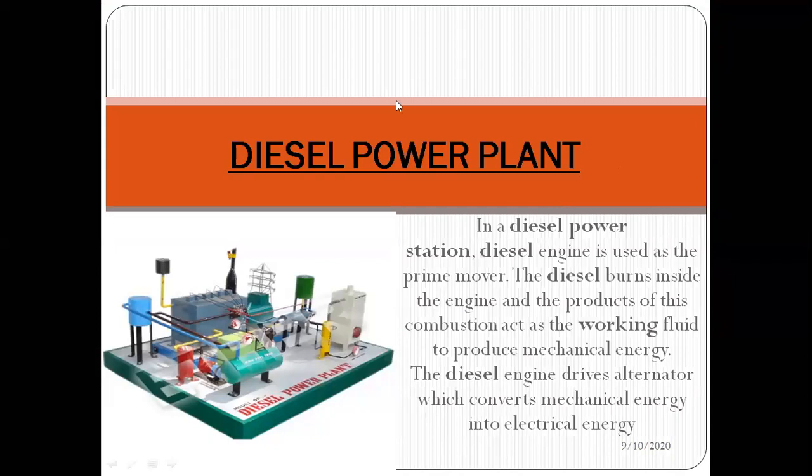So in a diesel power plant we use diesel as a fuel to produce heat energy, and this heat energy is then converted into mechanical energy, which rotates the alternator, and hence it generates electricity. The diesel engine driven alternator converts the mechanical energy into electrical energy.